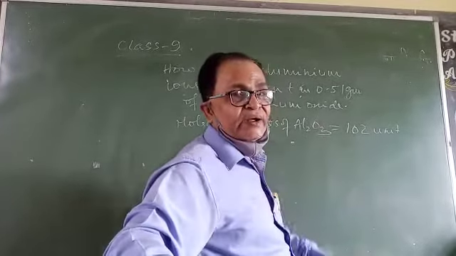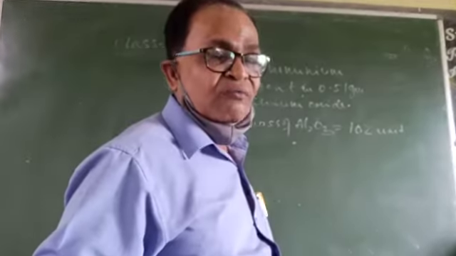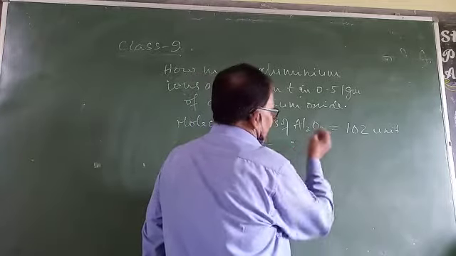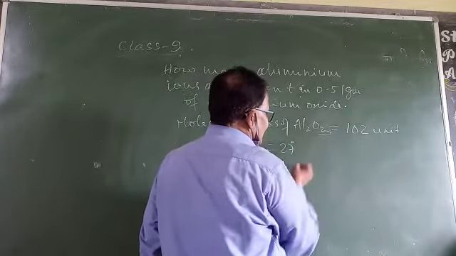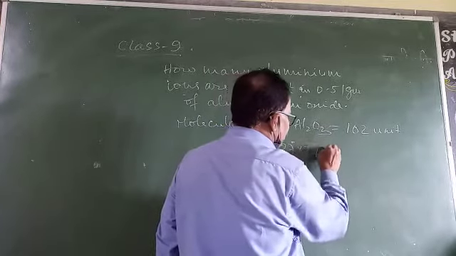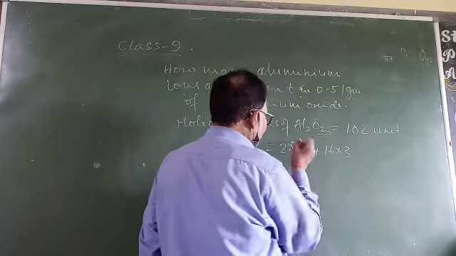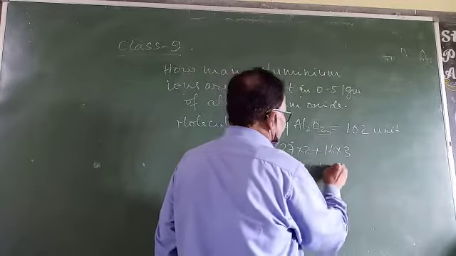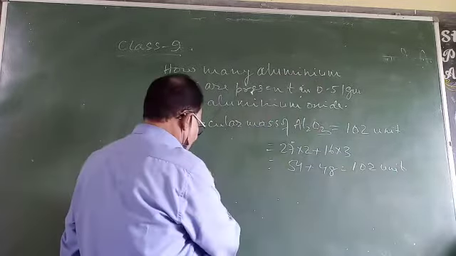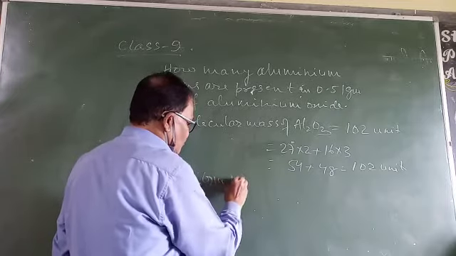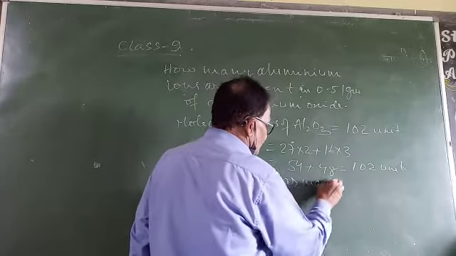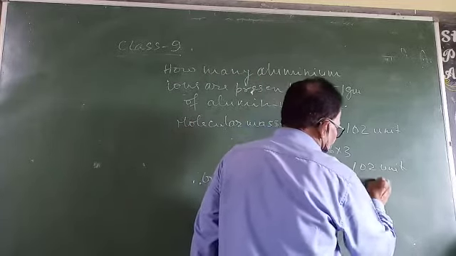Here 27 is the atomic mass of aluminium. 27 into 2 plus 16 into 3, 54 plus 48, 102 units. Therefore, the gram molecular mass of aluminium oxide is 102 grams.